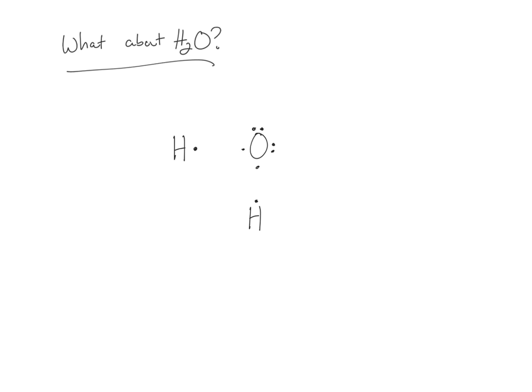Some might be tempted to do this. The problem with that is that hydrogen is bonded together, but oxygen is off by itself. I cannot have that happen where I have 2 single electrons left over. Everything has to be connected together. Hydrogen's only capable of making 1 bond, and once it makes that 1 bond, it's over.